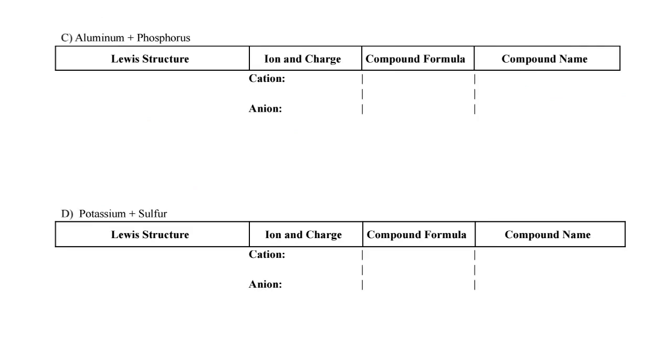All right, let's start trying a few more on the back, starting with aluminum and phosphorus. So aluminum is an interesting one because aluminum wants to lose 3 valence electrons. Phosphorus is in group 15, so it would like to gain 3. So this is a good match, the aluminum and the phosphorus. They've got the same number to lose as to gain, so we just need 1 of each.